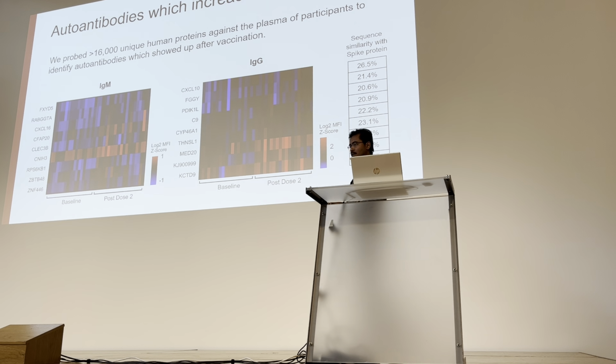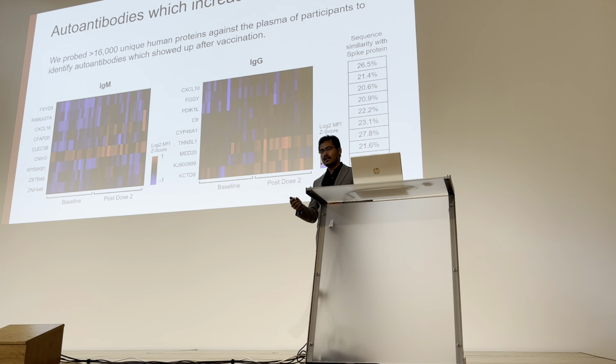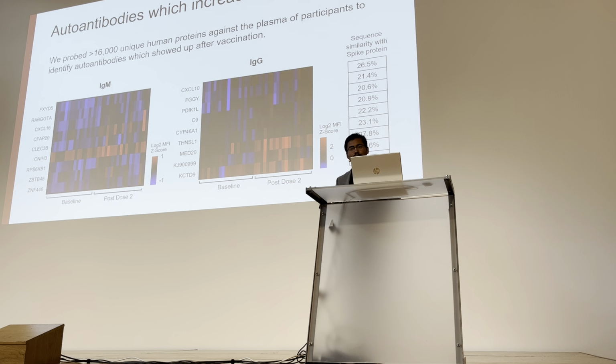So we believe that these epitopes are most likely conformational epitopes. These are antibodies which originated against the spike protein, the SARS-CoV-2 protein, and then cross-reacted to one of these human proteins which have a similar 3D conformation. That can explain why we see these autoantibodies after the second dose.